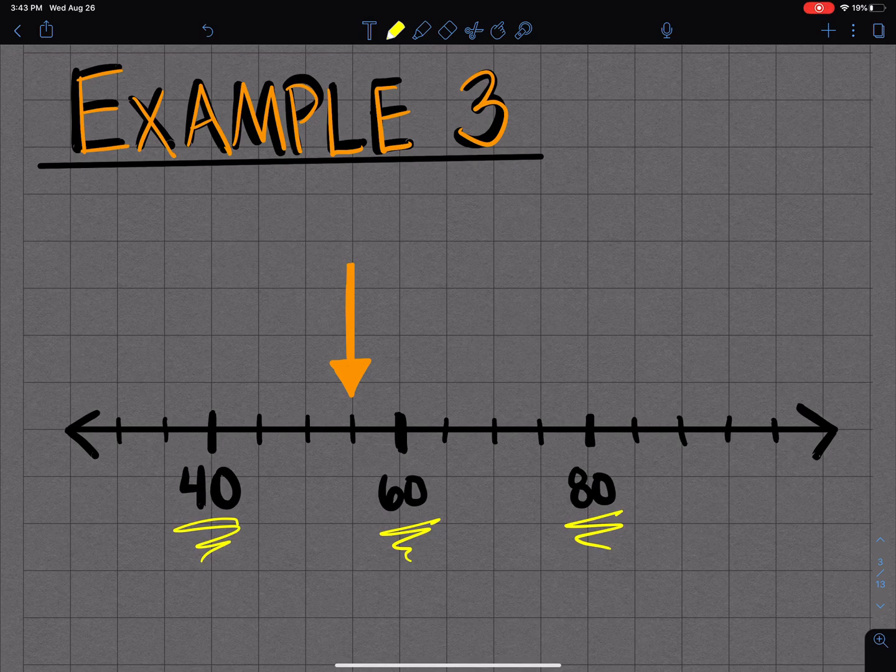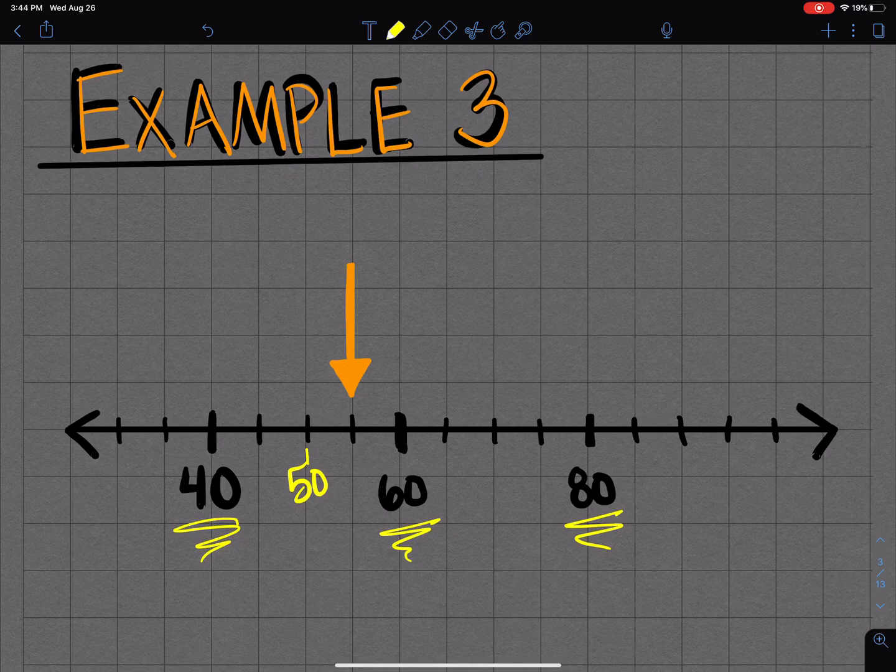I know, I asked it in a tricky way. 50. Yeah. So if you count by tens, in between 40 and 60, it would be 50. Oh, I'm so dumb. So I'm going to put 50 right there, and it goes with that tick mark.